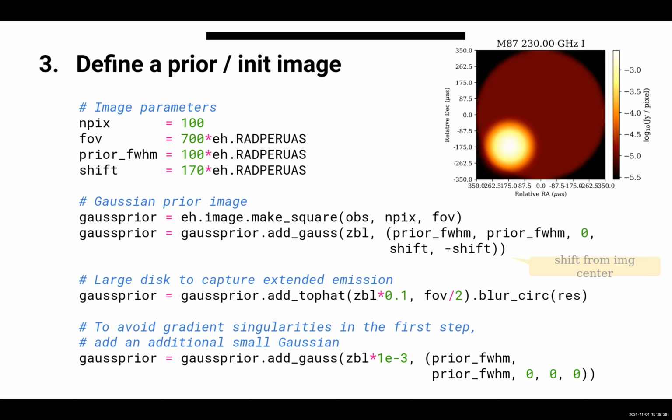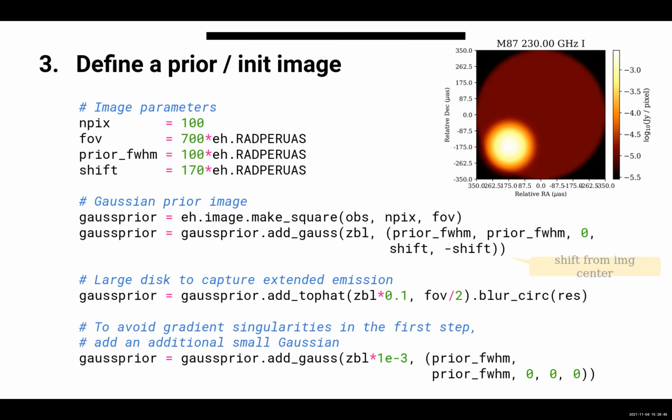So we knew that there was a very bright emission around the shadow, and then some extended flux to the northwest. We knew that there was no flux on the other side, so that's the reason we can use this very particular prior.